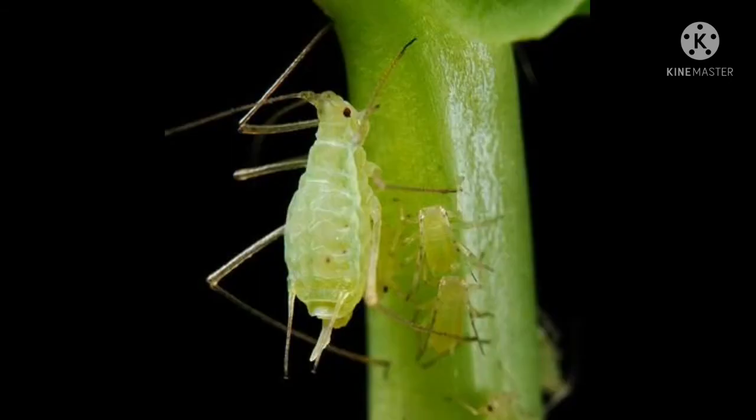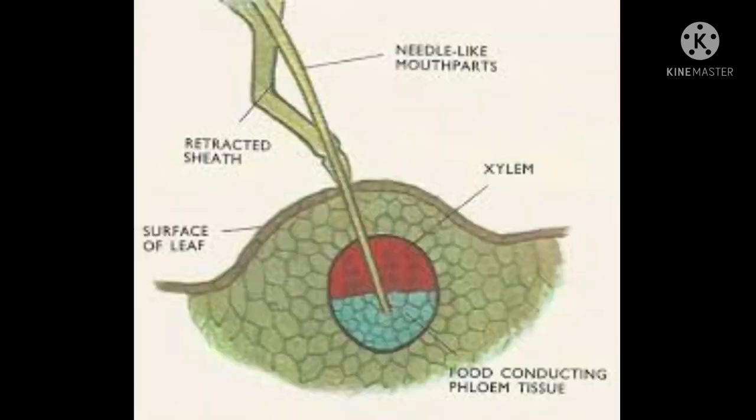When the aphid is extracting food material from the plant, kill the insect and carefully section the stem. You can observe the proboscis only penetrates up to the phloem sieve tube. This indicates that the food material is conducted in the phloem sieve tubes.